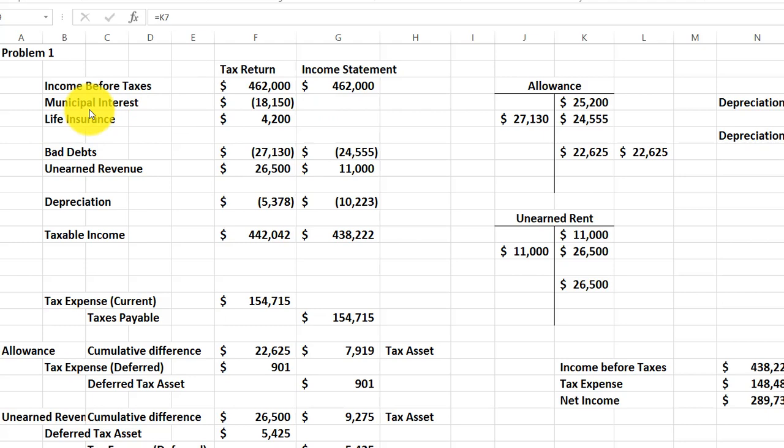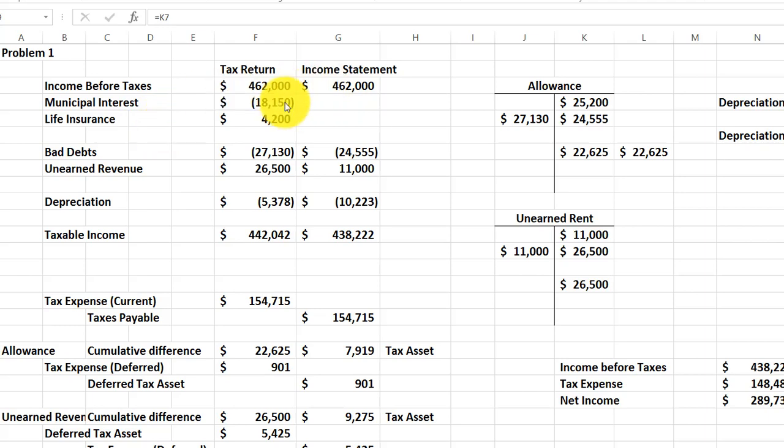So I think part of the concern or confusion is this starting point, which things are included already when we start, and that has to do with how clearly we indicate. And in real life, you would have all this data in front of you and be able to determine what was different between the tax return and the income statement.